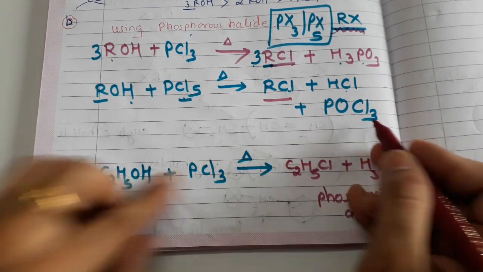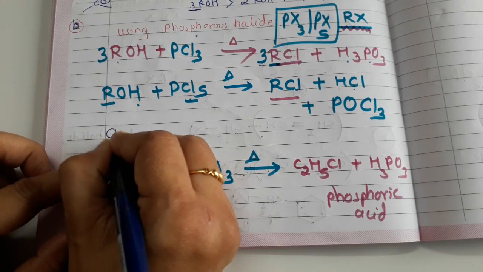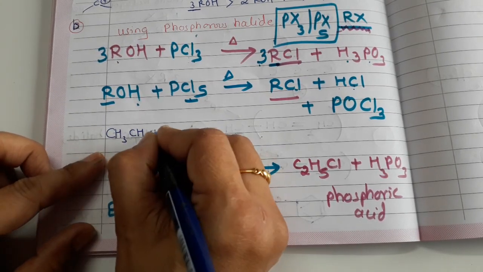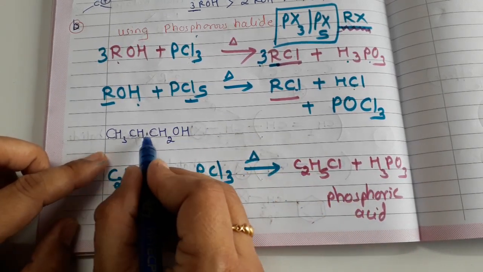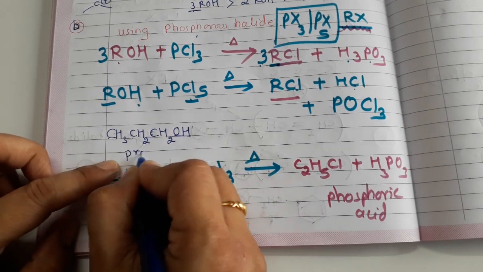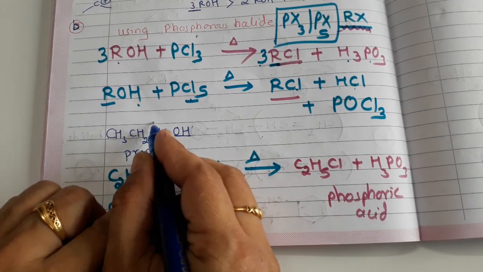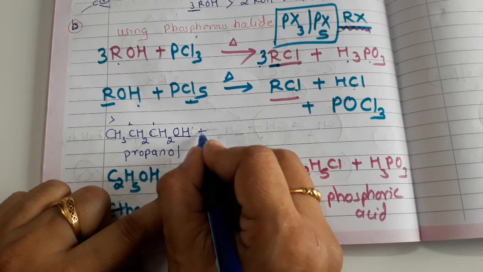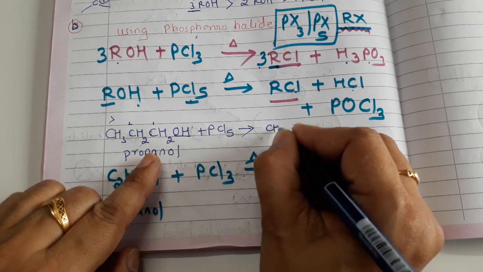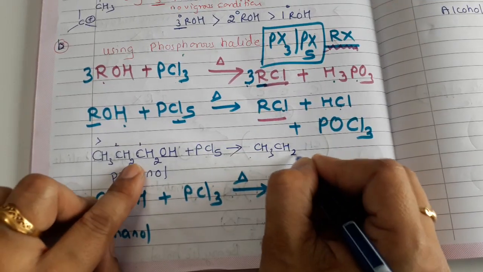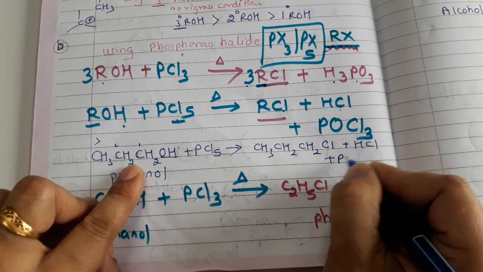So if you want to write the reaction, हम लिखेंगे यहाँ पे let us say CH3CH2CH2OH. ठीक है, ये मैंने क्या लिखा है, 1 2 3, ऑन अल्कोहल ग्रुप है, तो ये तो मैंने लिखा है प्रोपेनॉल. प्रोपेनॉल का मतलब ही है कि OH इज प्रेजेंट ऑन दी फर्स्ट कार्बन एटम. ओके, सो आई राइट हियर प्लस PCl5. क्या मिलेगा हमें, यस, विल बी गेटिंग CH3CH2CH2Cl plus HCl plus POCl3.